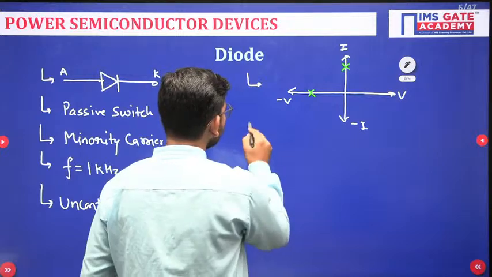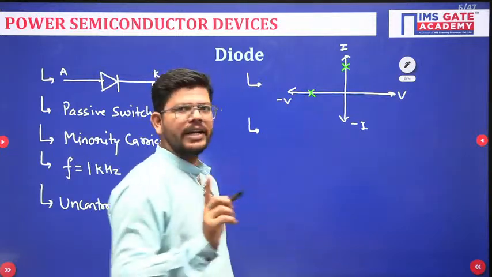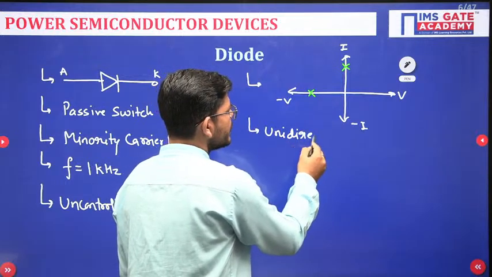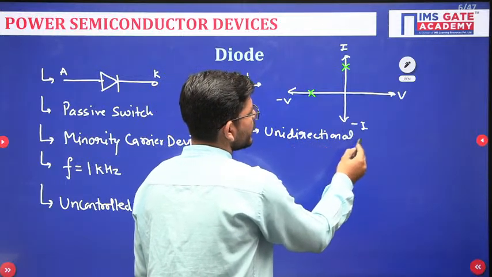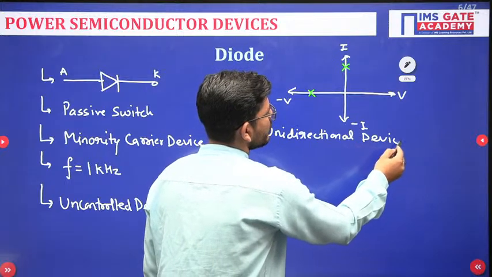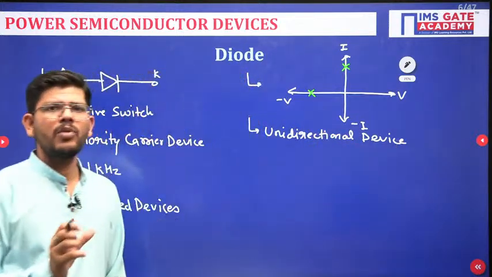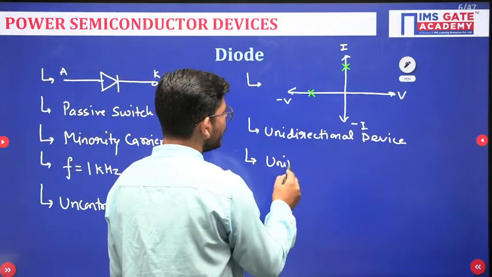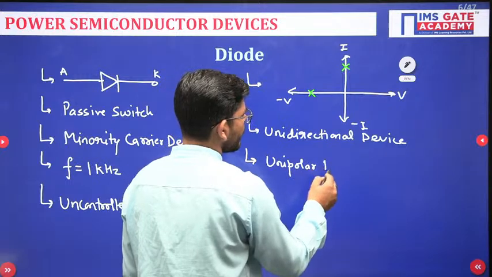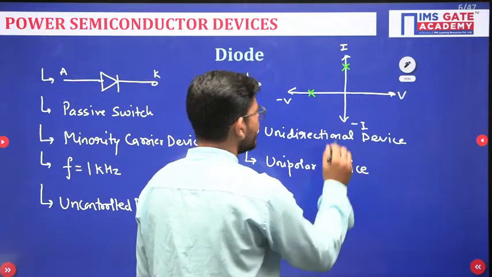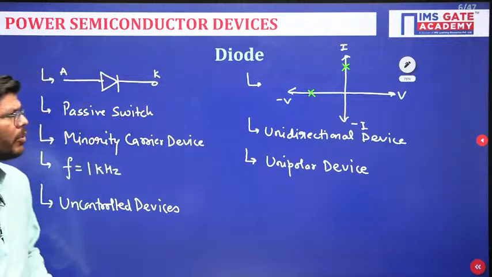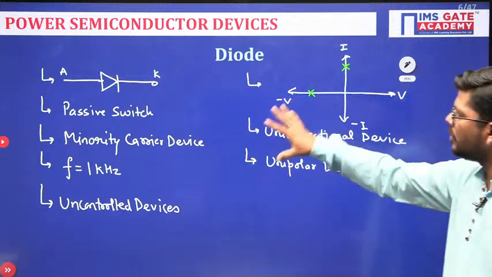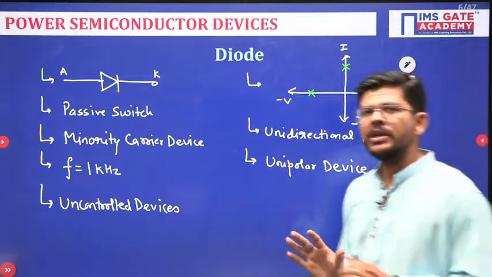Looking into this, you can comment that it carries current in only one direction, so it is a unidirectional device. Then it is capable of blocking only one polarity of voltage, so it is a unipolar device as well. So whatever you should know regarding the diode is written on this particular page. This is all about the diode.